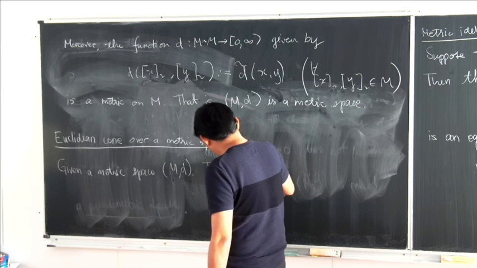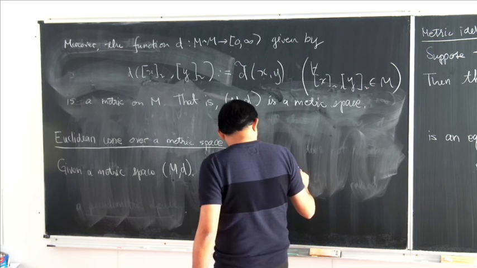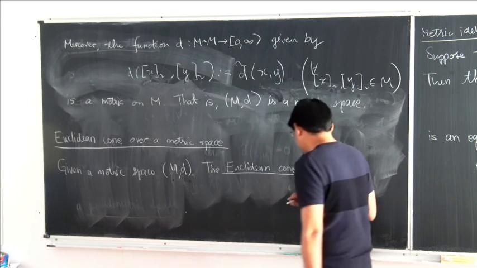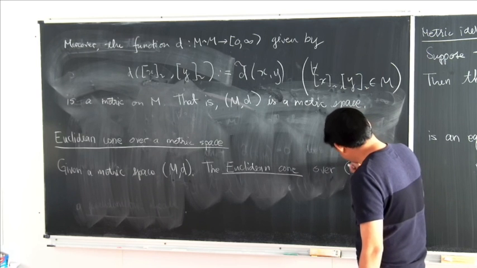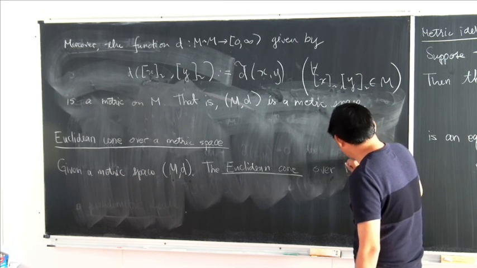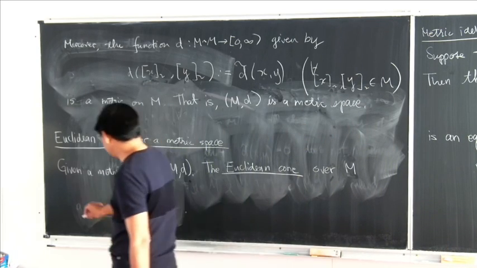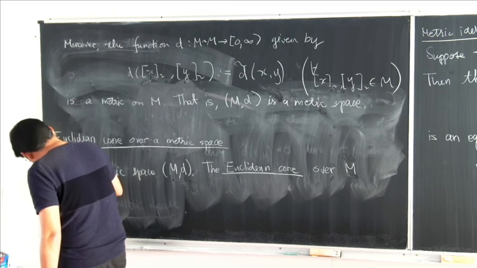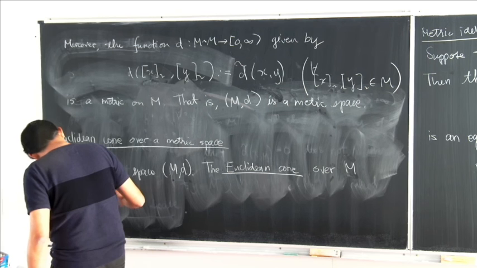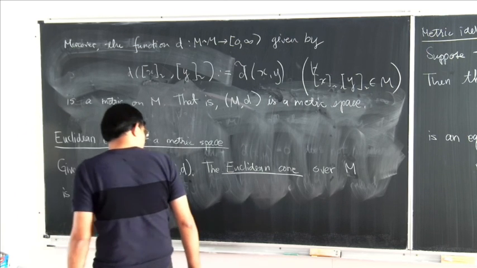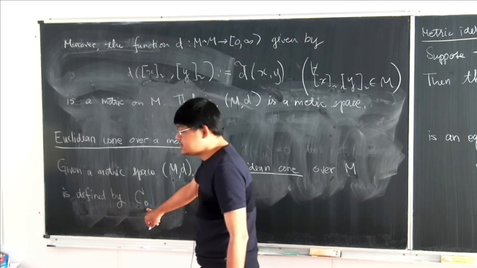The Euclidean cone over (M, d), let's say over M, is defined by C0.